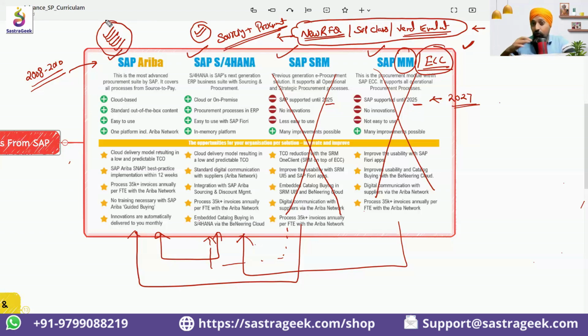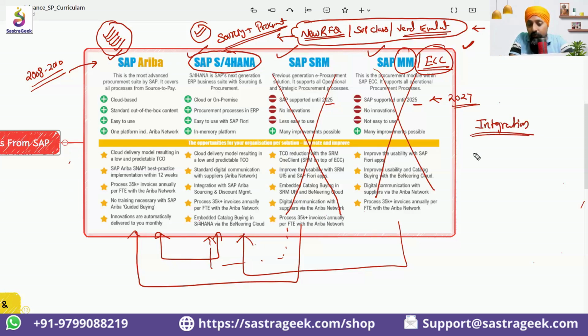So if a company needs to work end to end, we suggest they implement both SAP Ariba plus SAP S4HANA. SAP S4HANA is not only a product for sourcing and procurement. SAP S4HANA is a complete end-to-end ERP solution which covers integration. The strong thing about S4HANA is integration.